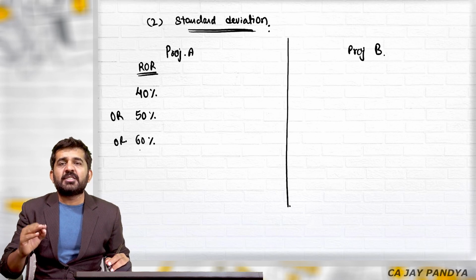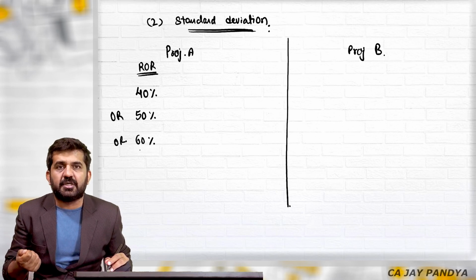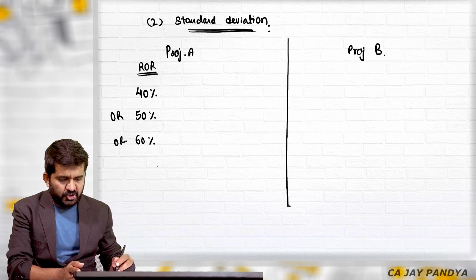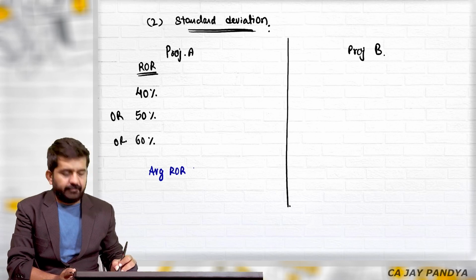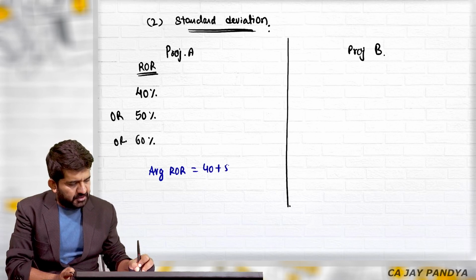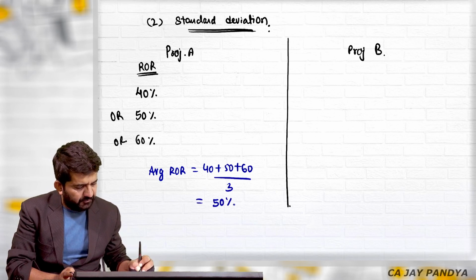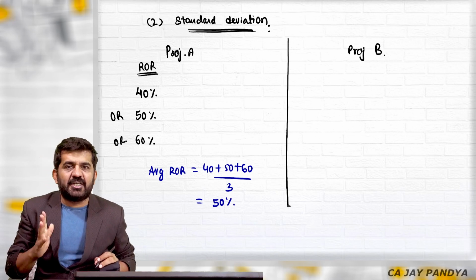And the chances of getting 40%, 50%, and 60% rate of return are equal. So you can find out the simple average. See, what is the average rate of return? 40 plus 50 plus 60 divided by 3, which will be 50%. So the average rate of return for project A is 50%.